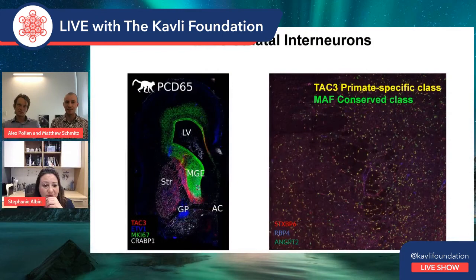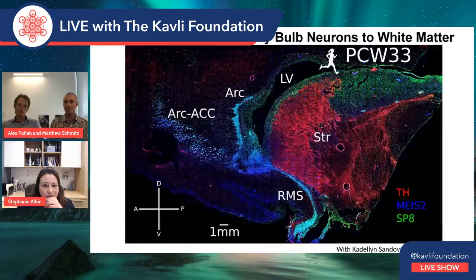We followed these streams, and they all go back to the same place. There's a great image that we have of this. It seems that these olfactory bulb inhibitory neurons are not only going to the olfactory bulb in primates, but they're also migrating in a large chain migration stream into the cortex.